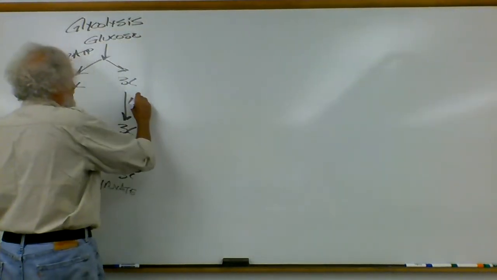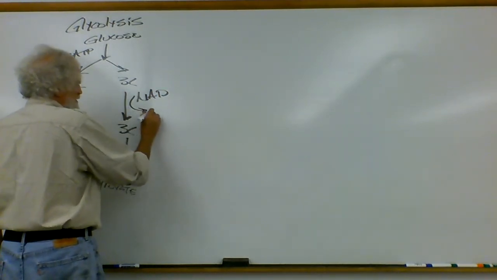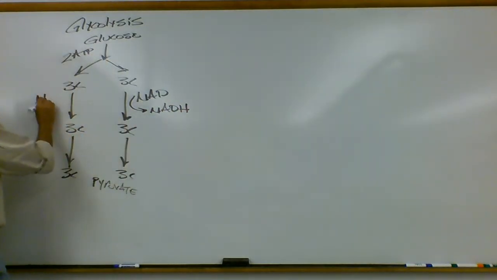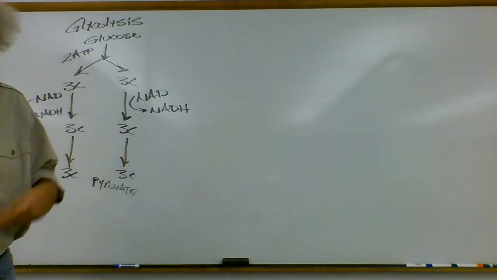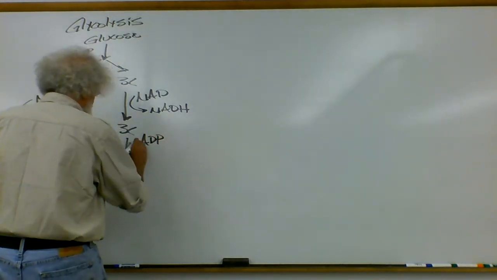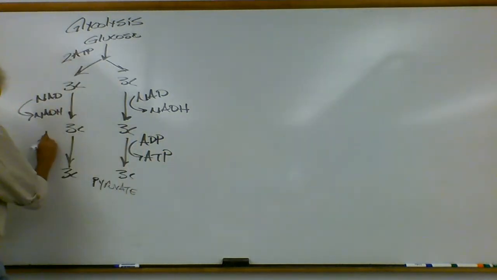We've got NAD being reduced to NADH on that side, and NAD being reduced to NADH on this side. And then we have what's known in the biz as the ATP recovery step. ADP is being rephosphorylated to ATP. ADP is being rephosphorylated to ATP.